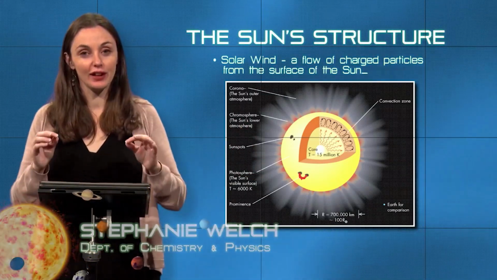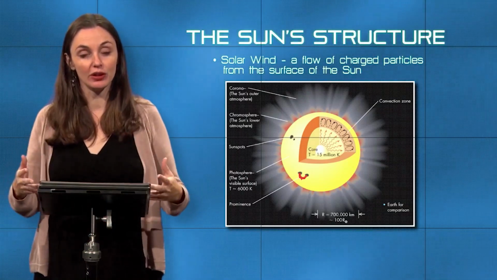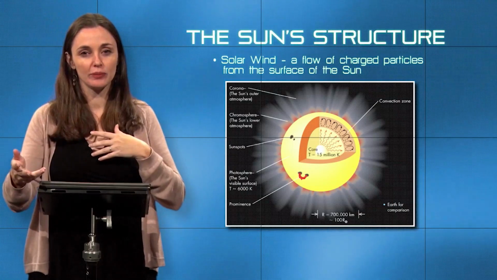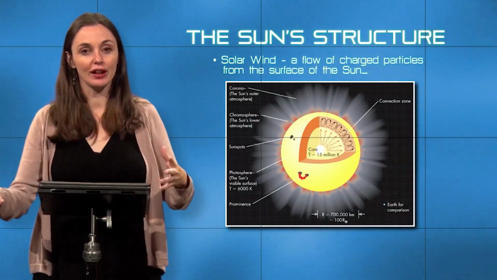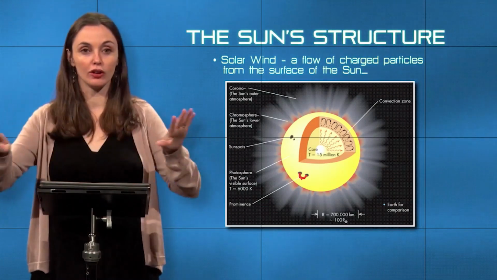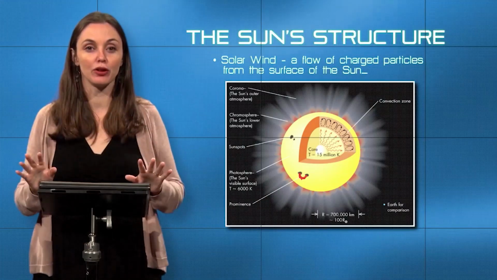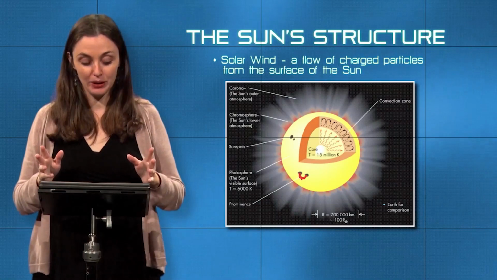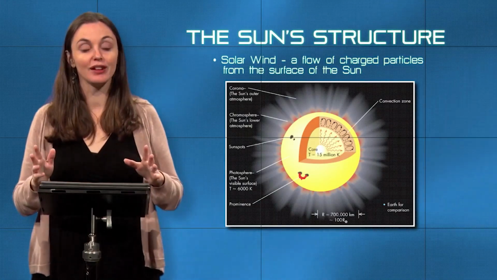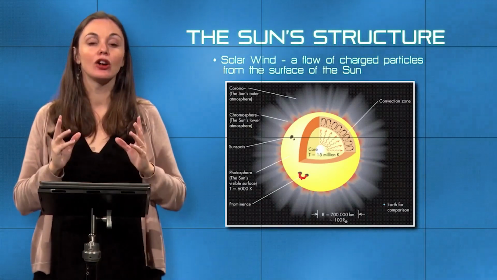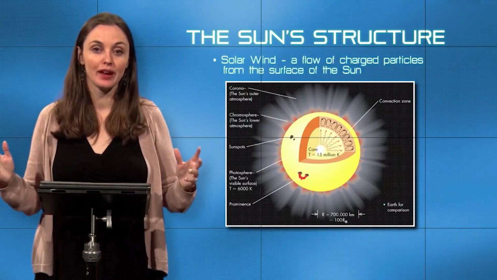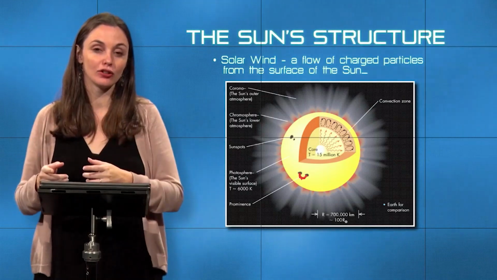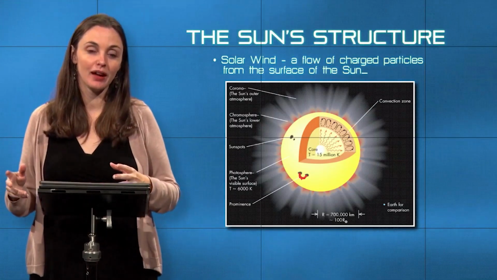In addition to this light that's in the visible light spectrum, it also slings off charged particles, sometimes increasing in the amount of those charged particles slung out in all directions. The stream of charged particles that has been emanating from the sun, we think, since the sun formed, is called the solar wind. And the solar wind has a direct result on conditions on the surface of the Earth and the other planets.